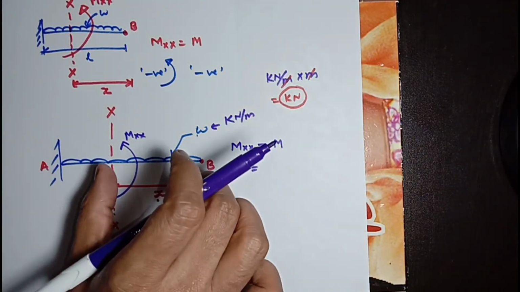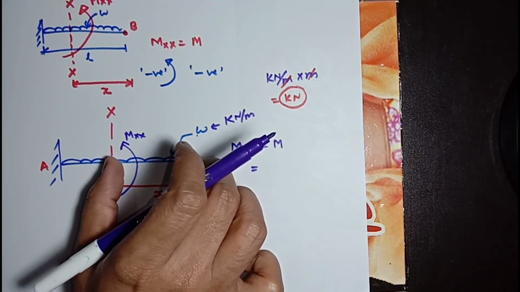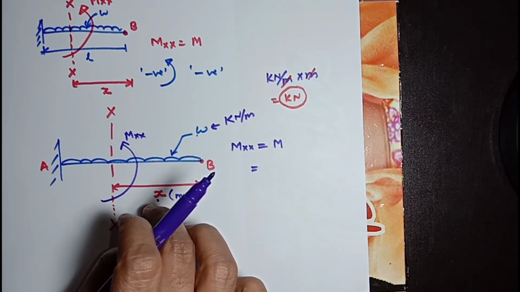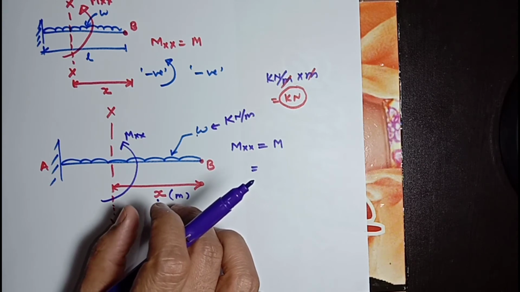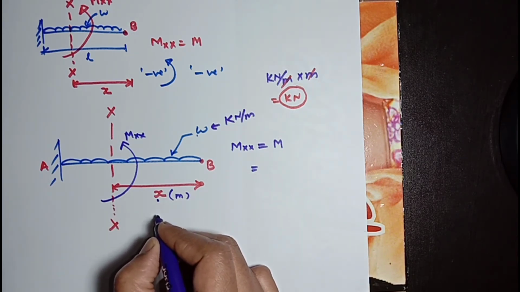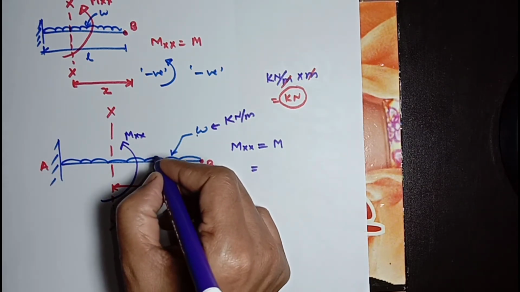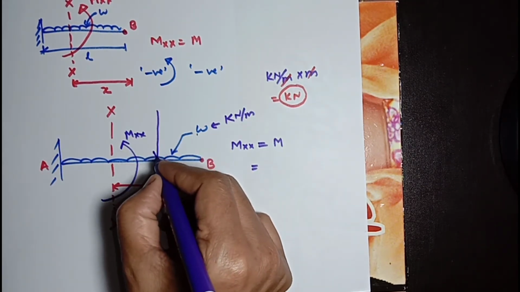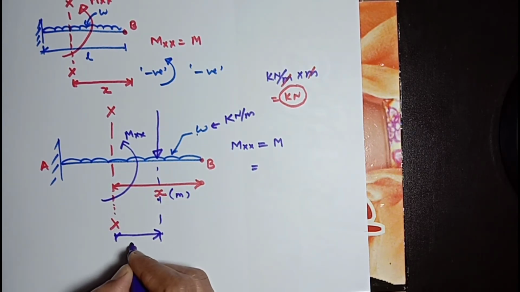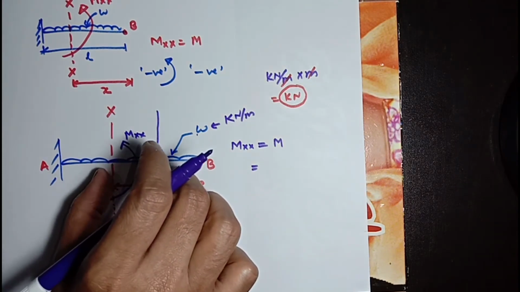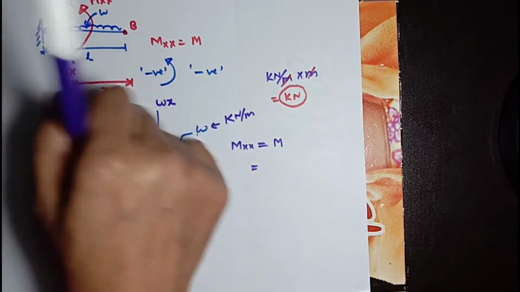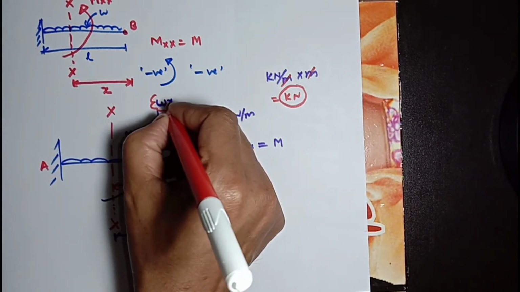So if we multiply W in this part from B to section XX with this X, that is the length, it will give a load. So W into X will be the load, which will be acting at a distance X by 2 from section XX, and the load value will be Wx. This is the load.